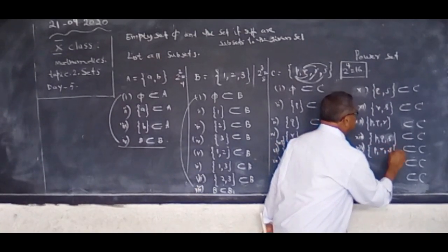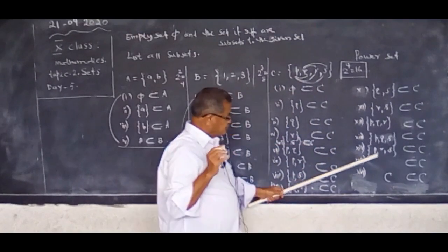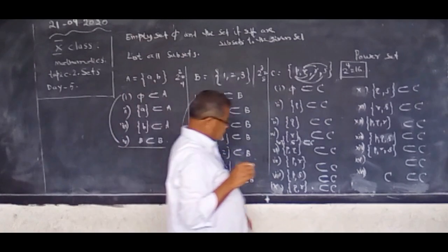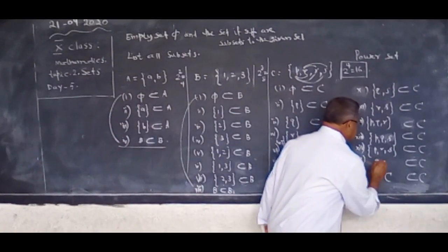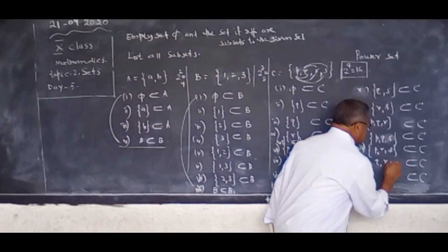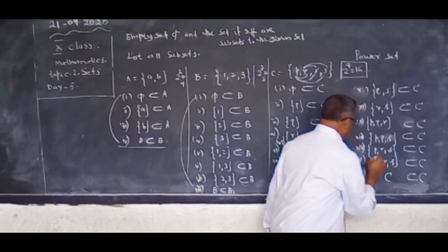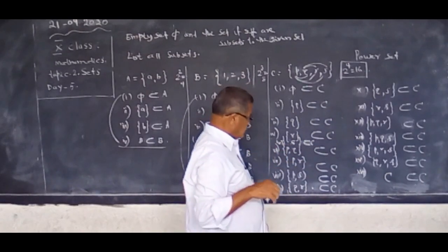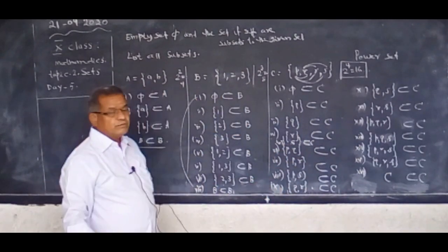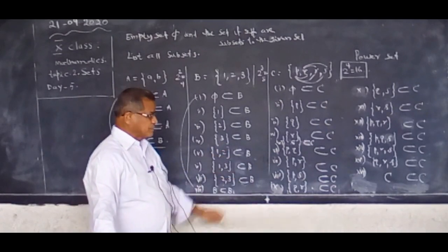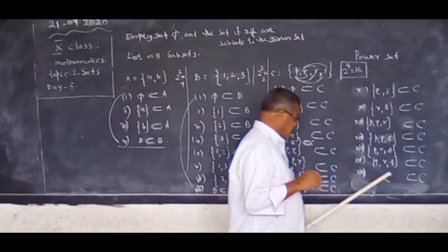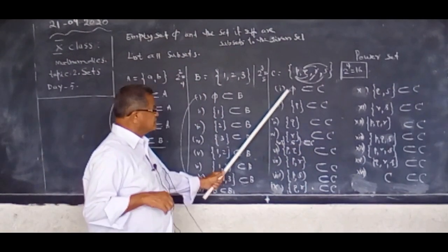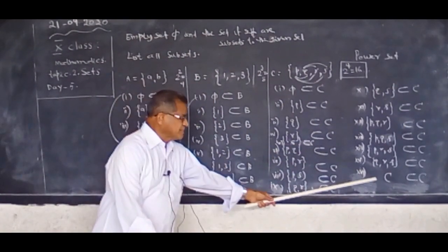They are not repeating. Now next Q: QRS. See, totally 16 subsets, 2 power 4. And there are no other subsets. First one the empty set, last one the set itself.